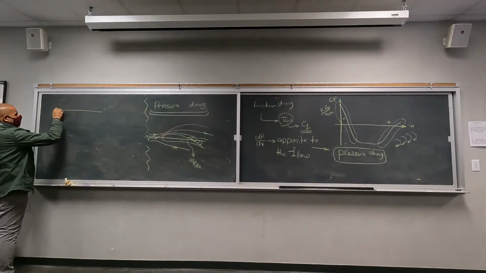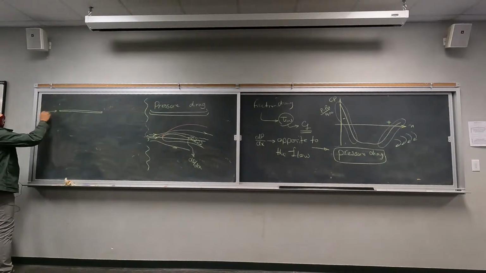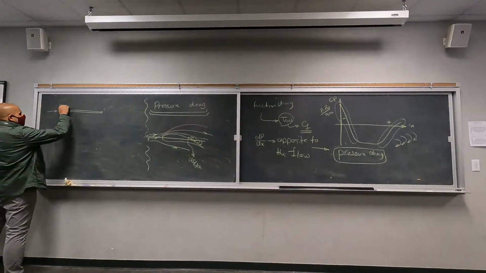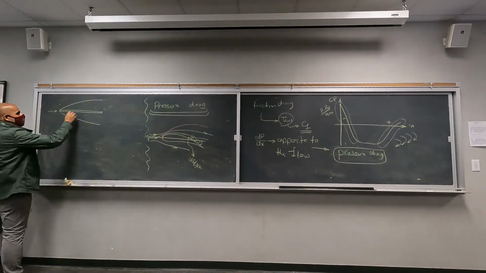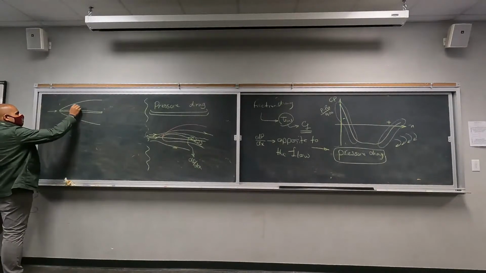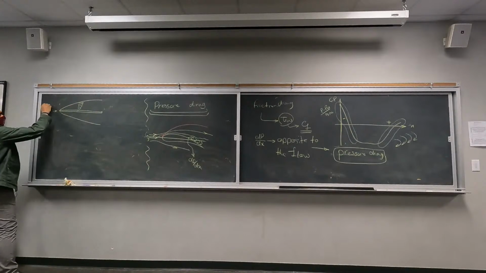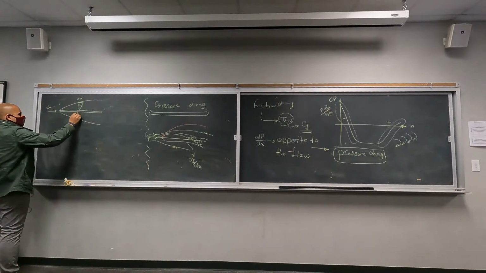Let's say we have a flat plate. It doesn't really matter what your velocity is when the flow approaches the flat plate, but you will have a region at which your velocity goes from 0 to the free stream velocity, v infinity, on both top and bottom.